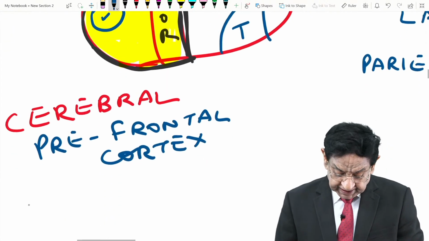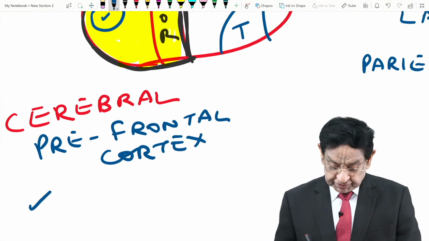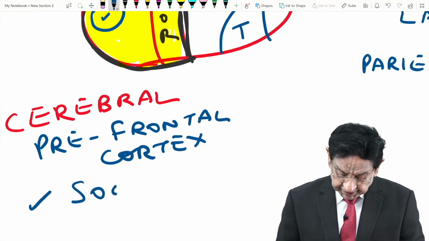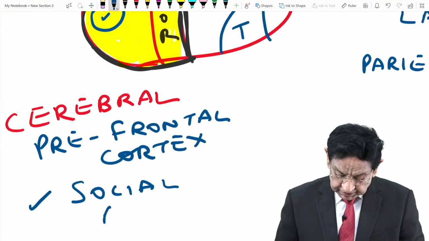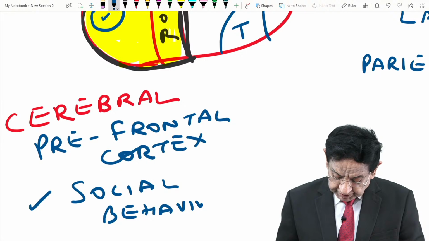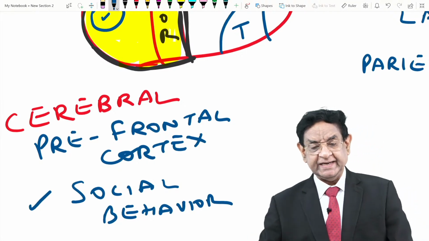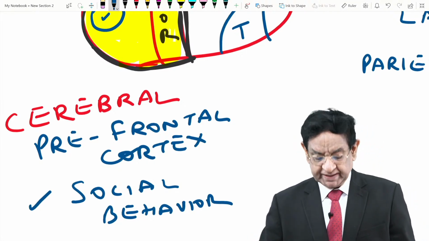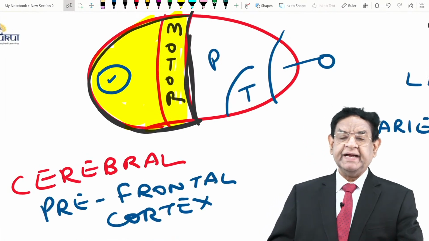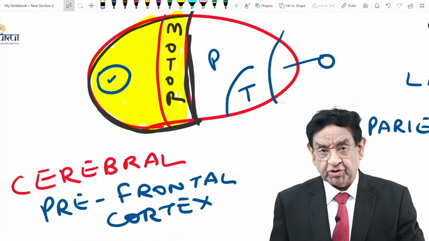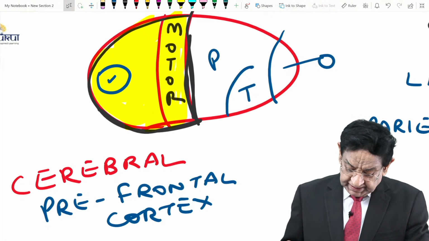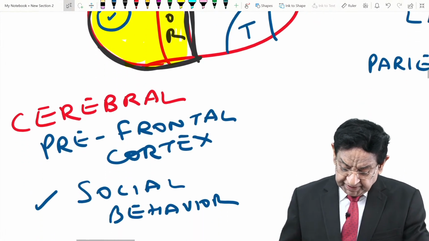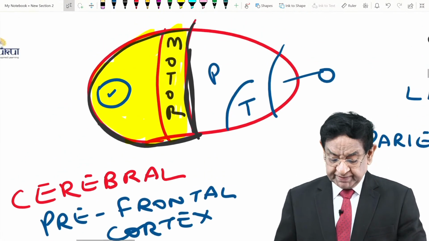This area, which I have marked, is the area for social behavior and personality. This is the anatomy. Now let me discuss physiology. I said prefrontal cortex is the area of social behavior and personality.